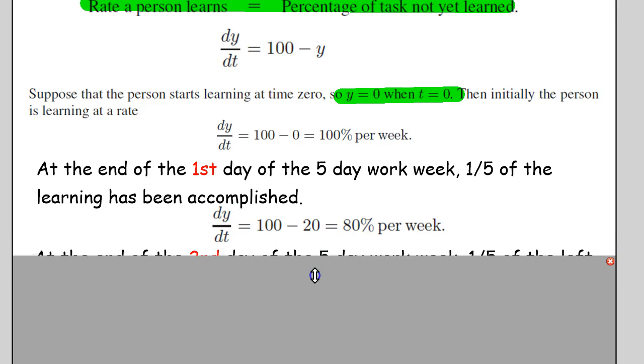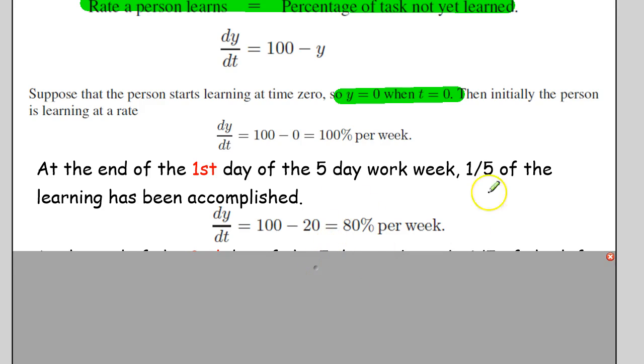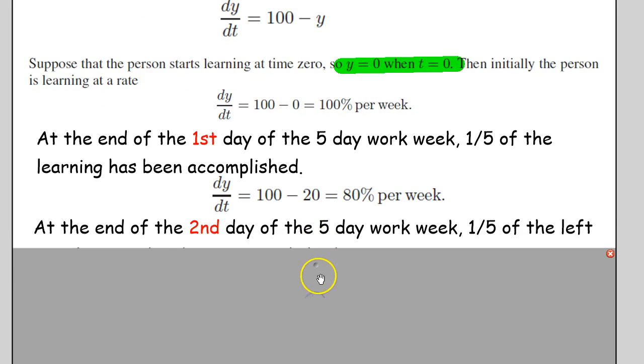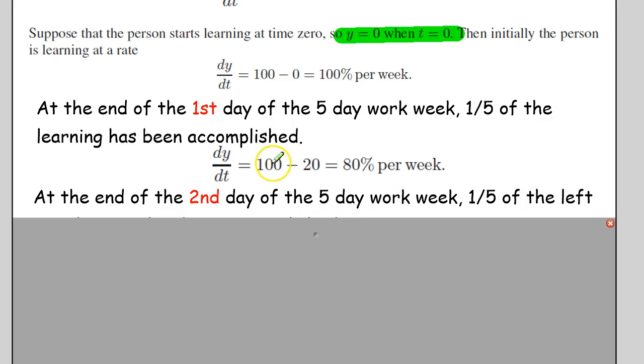At the end of the second day, that day represents 1/5 of the work week as well, but it's 1/5 of whatever learning is left from the previous day. So 80% is left.